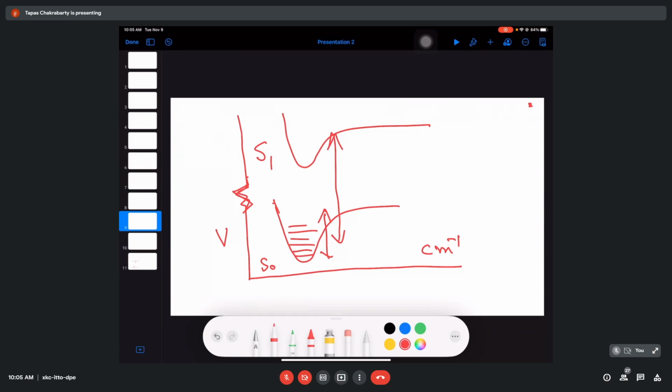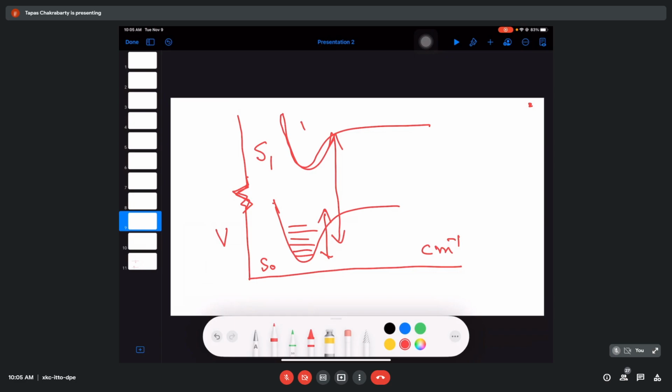Now, how does the energy quickly come down to the ground state without breaking the bond? When I say excited electronic state, it is not one. There could be basically an infinite number of excited electronic states. And some of the electronic states could be such that they do not have a minimum.